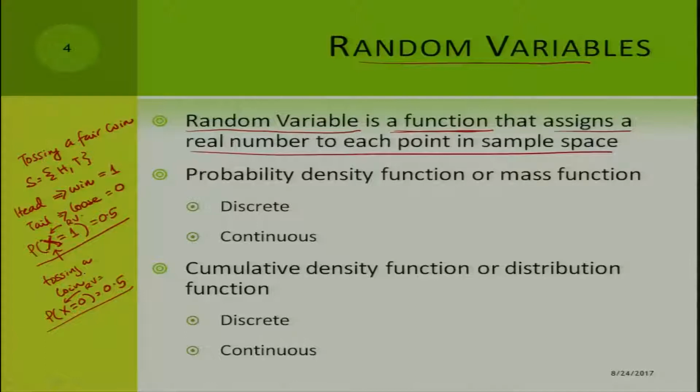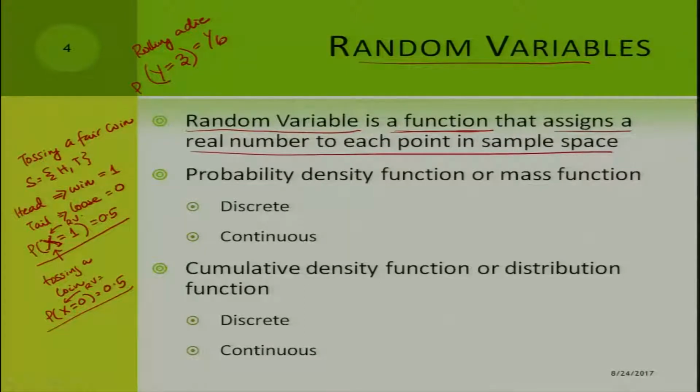Similarly, some people express this in different ways. If we talk about rolling a die, and I let the random variable be Y and I get a face value of 3, then this probability is equal to 1 over 6.